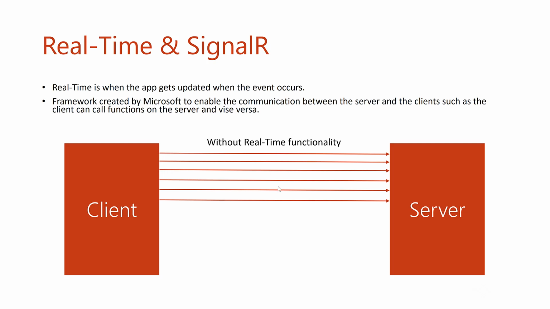But when using real-time functionality, this can happen with only one simple request. For example, the server gets updated with something, like a user has written a comment on a specific post. You want to notify the user that owns that post.